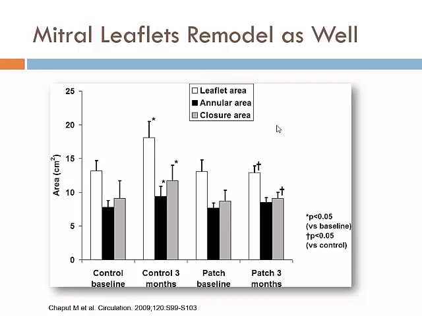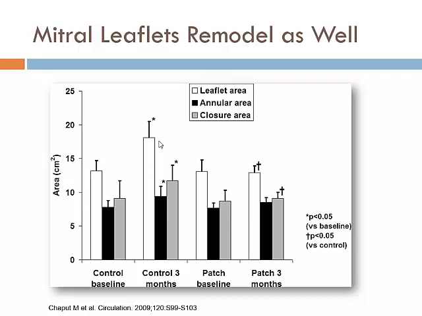But it has come out actually that not only the ventricle remodels. As you can see here from work from Miguel Chaput from our group, as remodeling progresses, the leaflet area also increases. And actually anyone that reads echo can see that those valves, although known not to be the culprit in this situation, are themselves thickened.